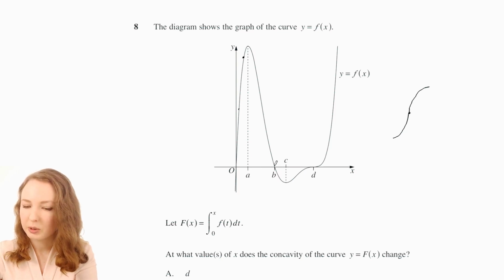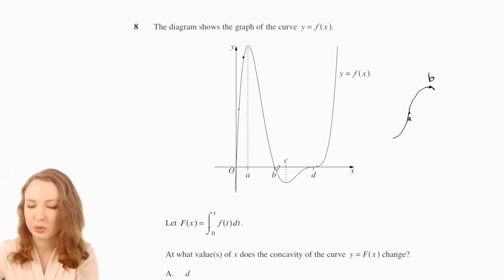And then we reach B, and the slope is 0. And then we've got negative slope that's also getting steeper because we're moving down here. Like the slope here is maybe something like negative 0.1, and maybe here it's negative 1.